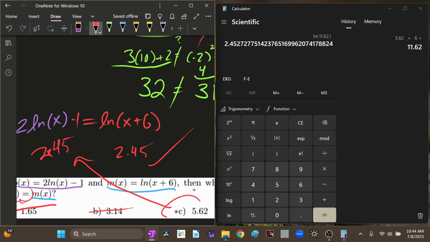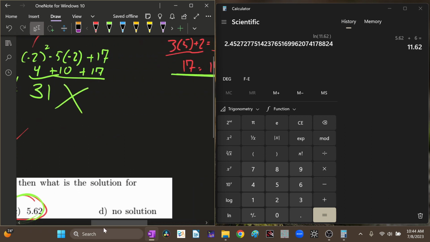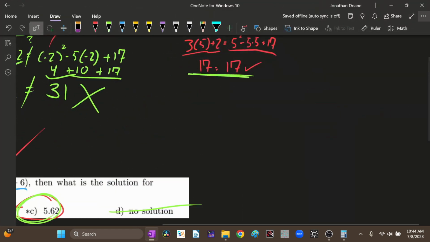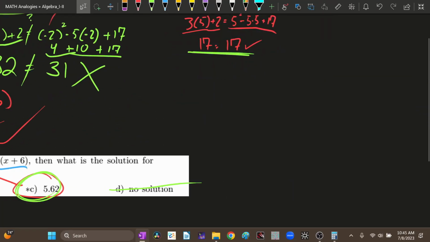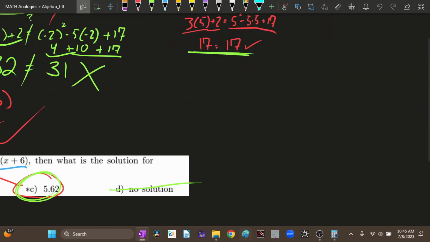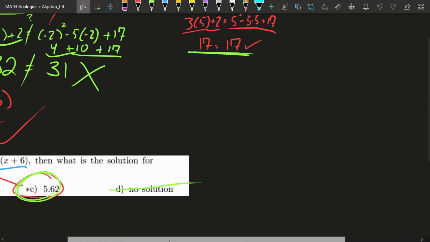So that is a match, making choice C a nice winner here. So choice C is the correct answer. However, if we look at choice D, no solution, that's not exactly true because we just found one. So in conclusion, we know that choice C is the correct answer for this problem.